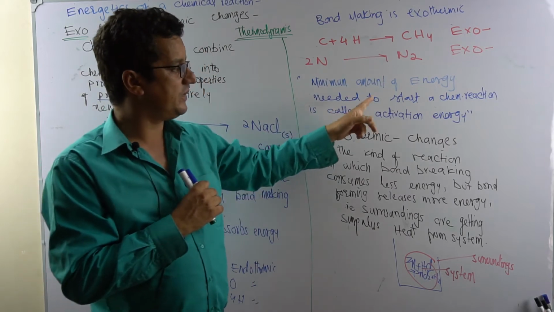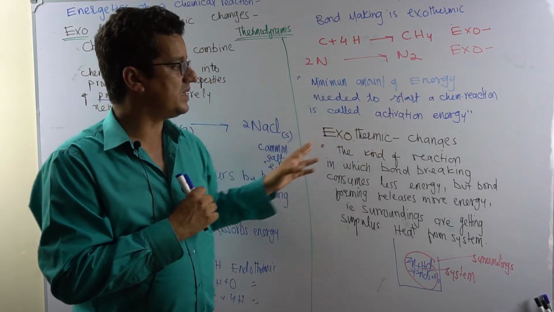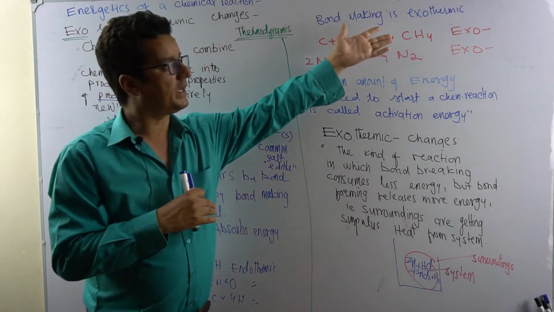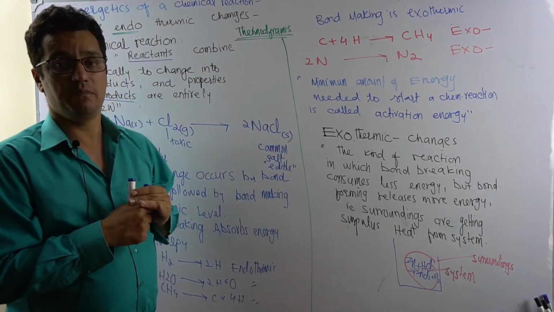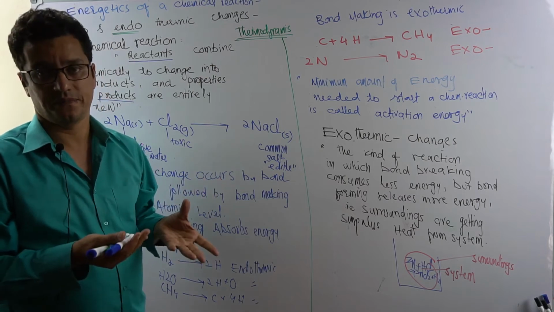Now the minimum amount of energy needed to start a reaction is called activation energy. Once the activation energy is provided, bonds are broken, then bond making starts occurring and energy is released. Okay, now it depends on overall whether a reaction is exothermic or endothermic.